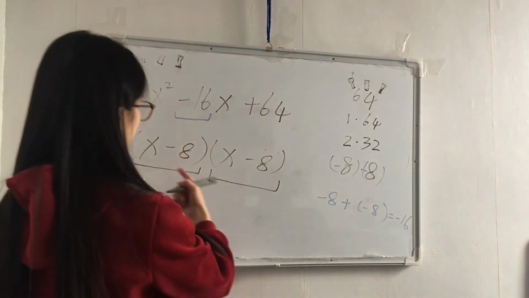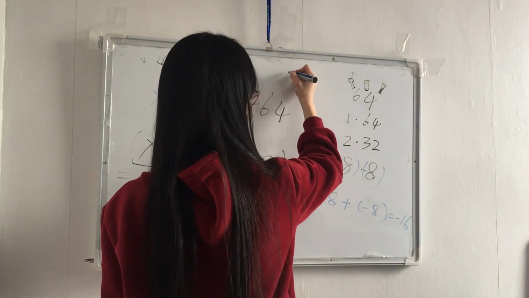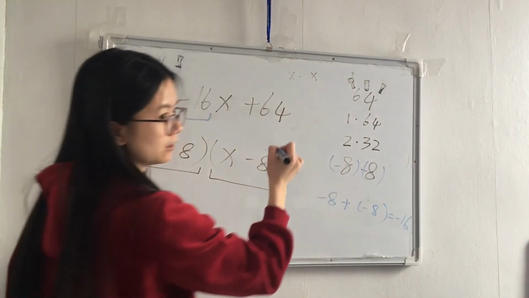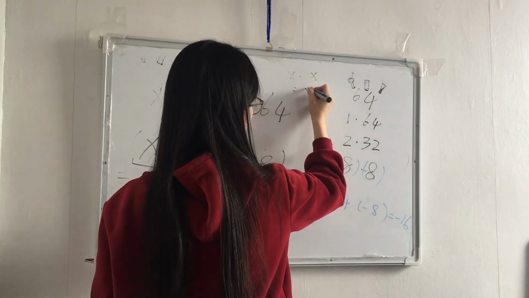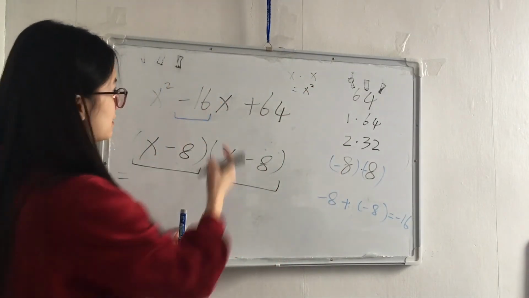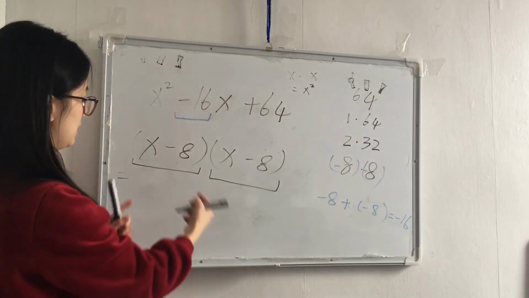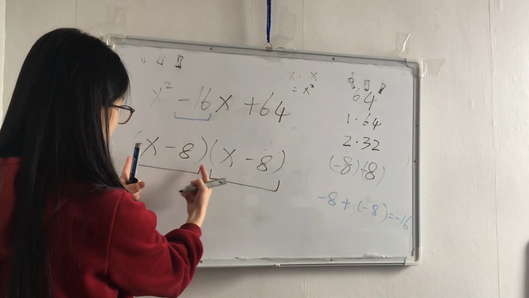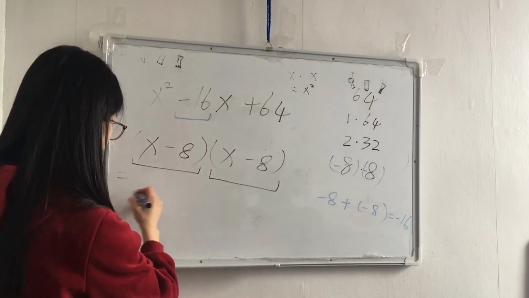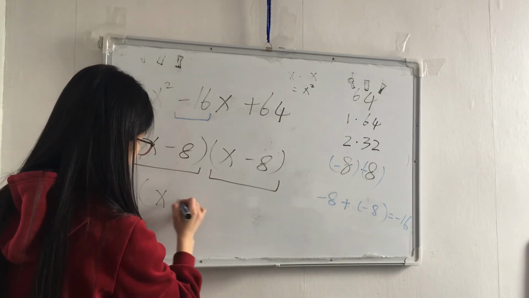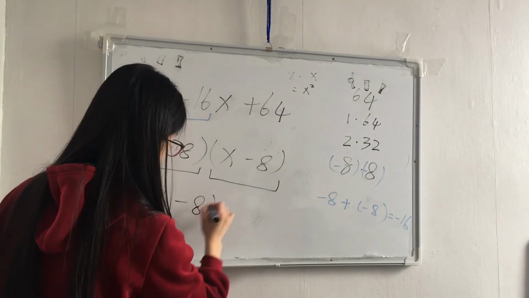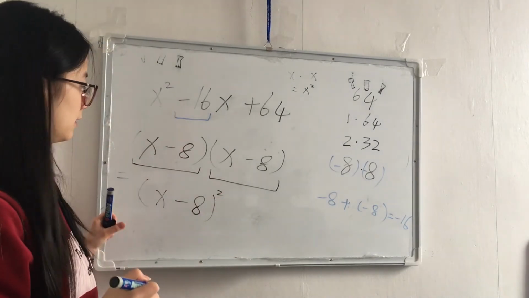For example, how about if we say x times x? We know this gives us x squared, right? Because these two terms are the same, then we have the exponent 2. The same idea here, because these two terms are the same, we can write it as x minus a, squared.